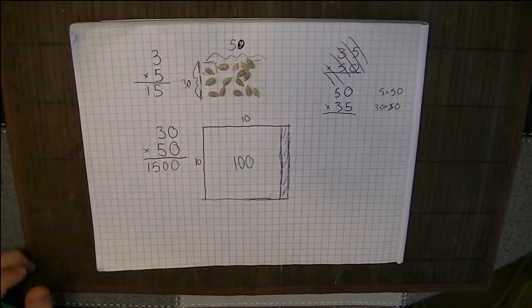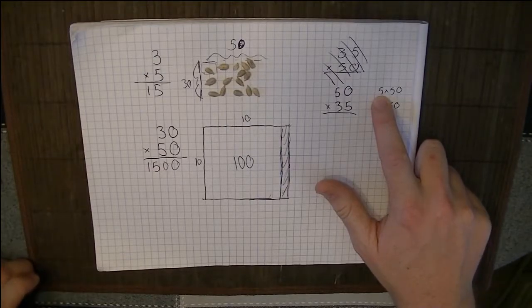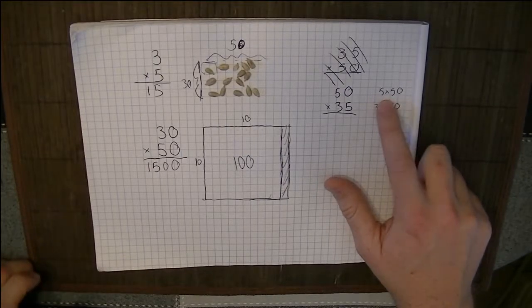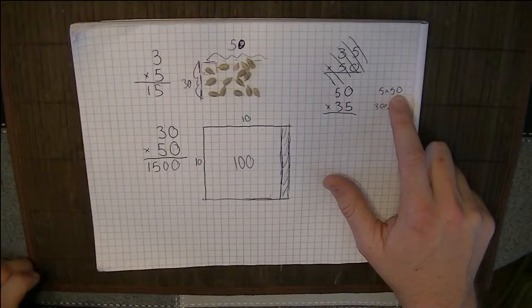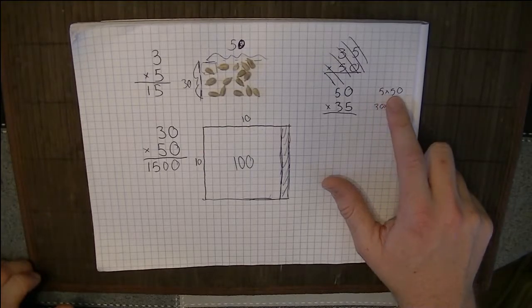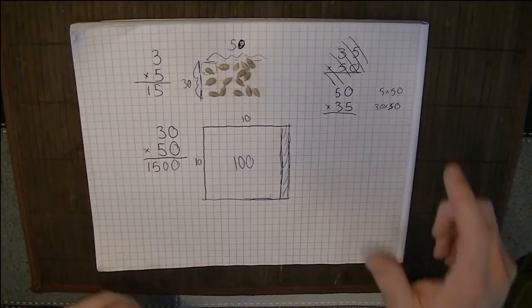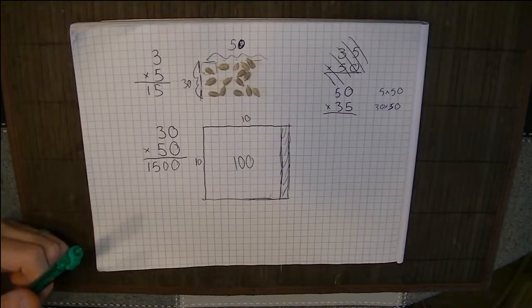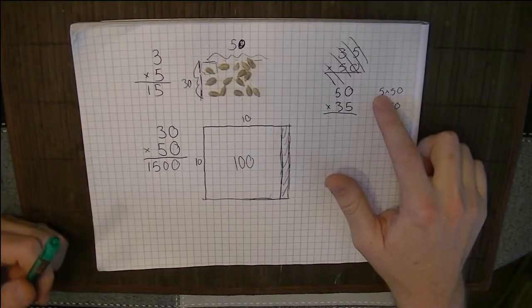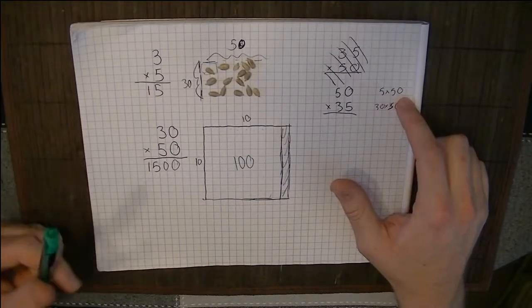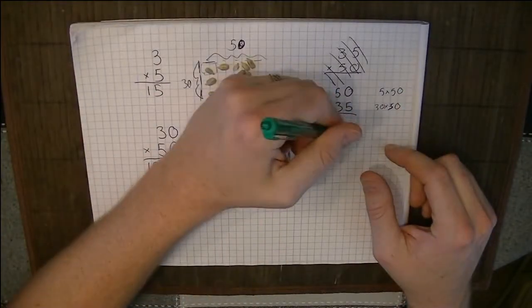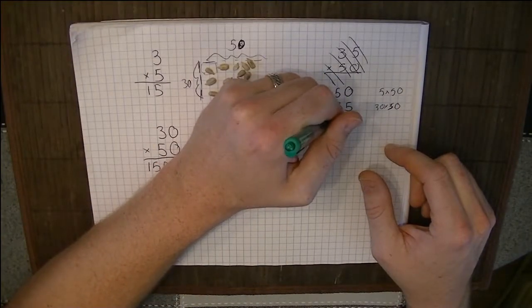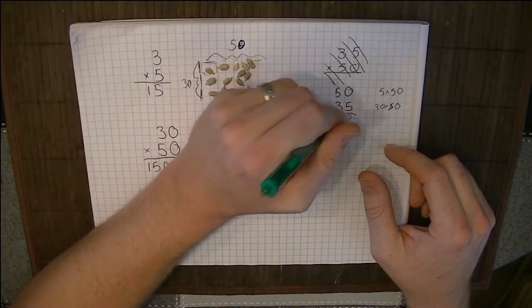Well, 5 is just units, so when I multiply 5 times 50, it's the same as 5 times 5 and then a 0 at the end, right? So that becomes 250. So 5 times 50 is 250.